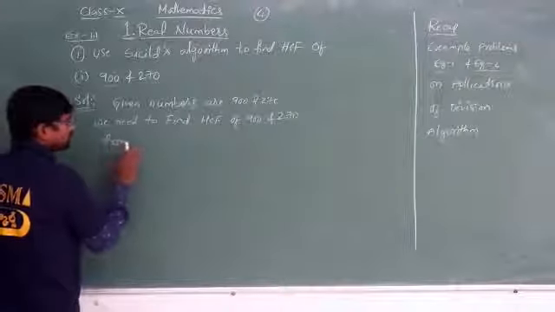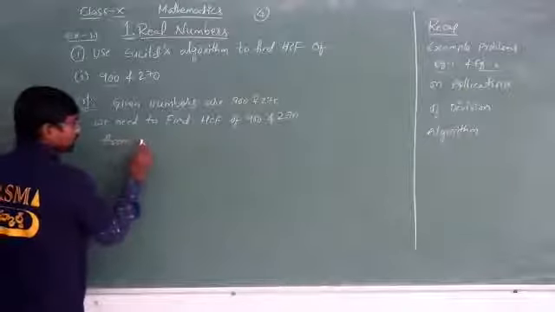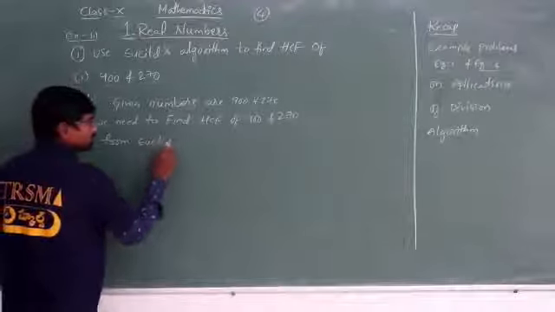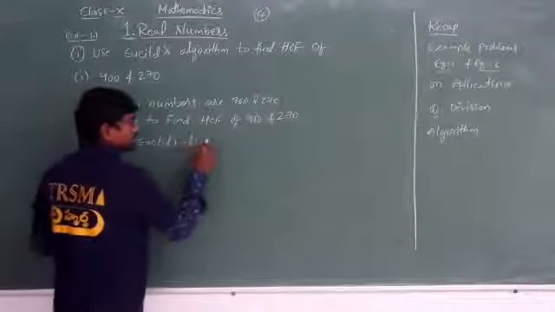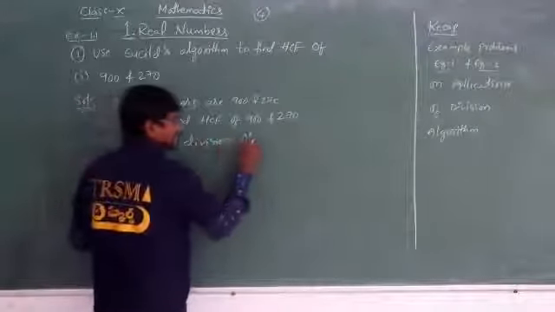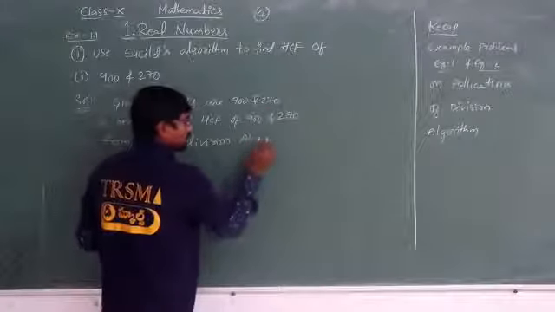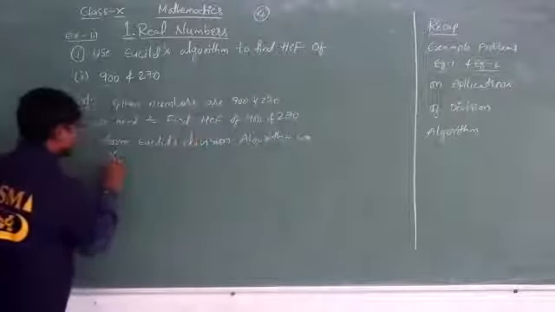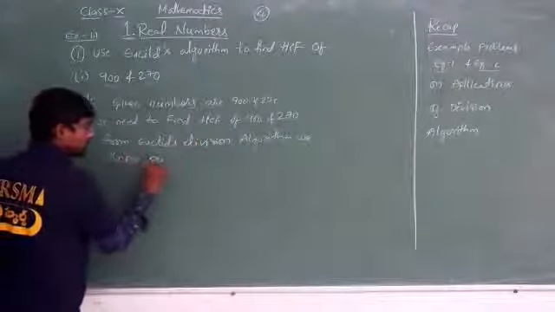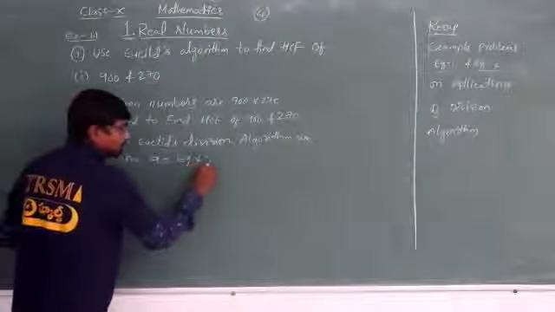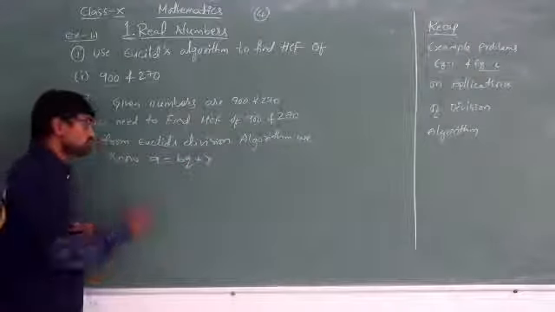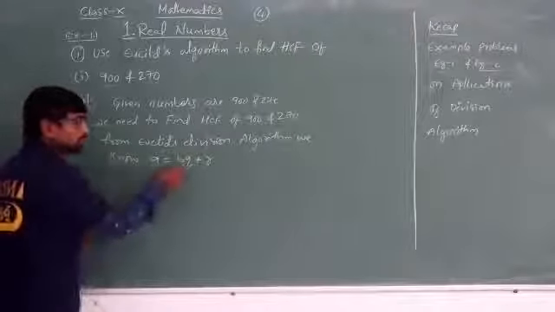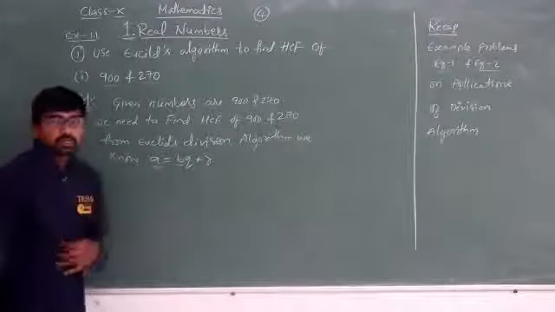From Euclid's division algorithm, we know A equals BQ plus R, where A is the greater number, that is the dividend, B is the divisor, Q is the quotient, and R is the remainder, isn't it?